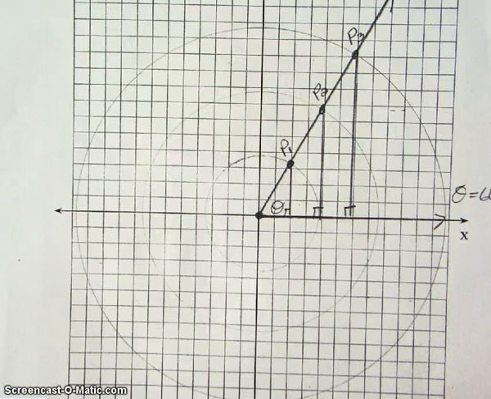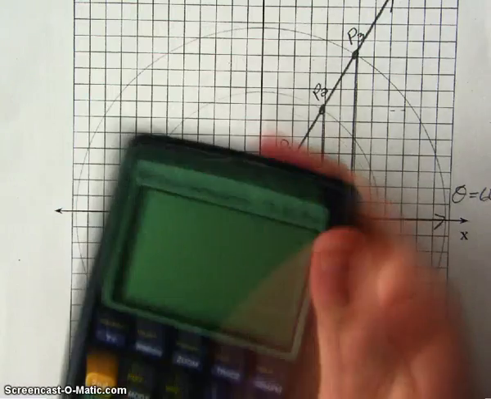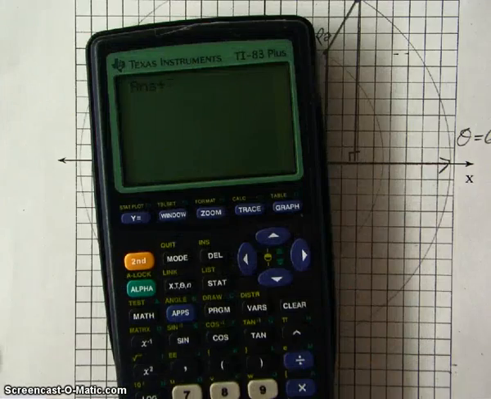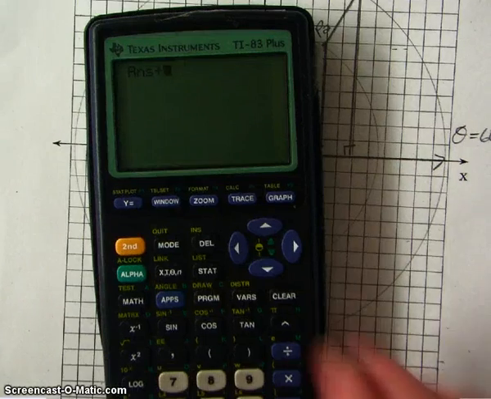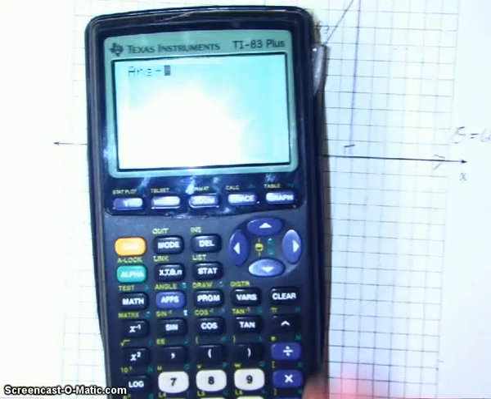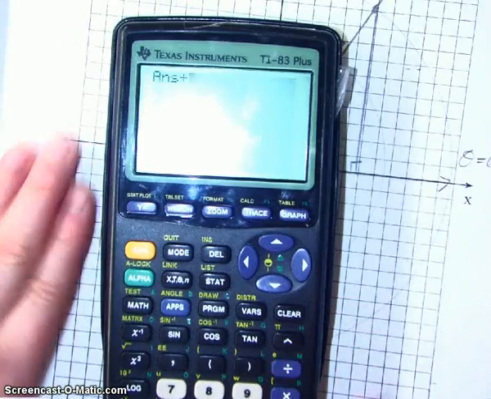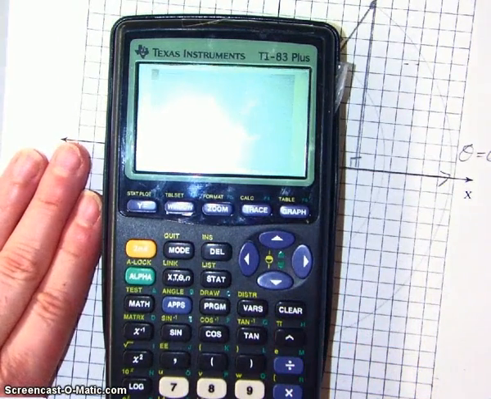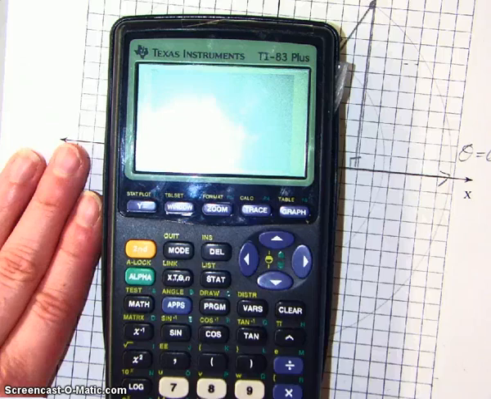All right, so now use a calculator to find the sine of theta. This is step 7. All right, I've got it.